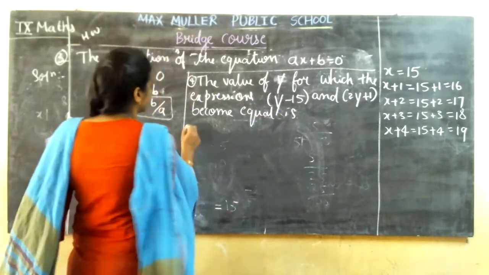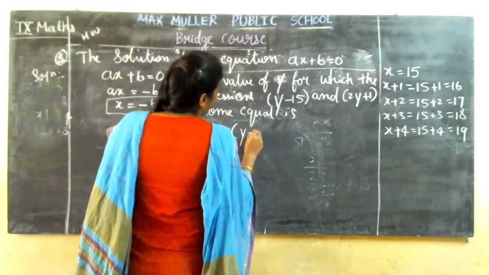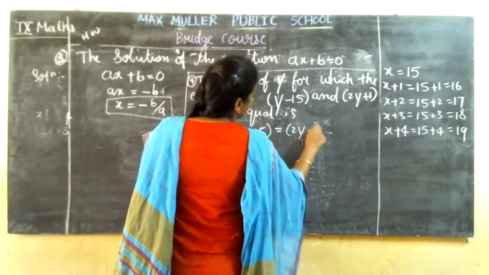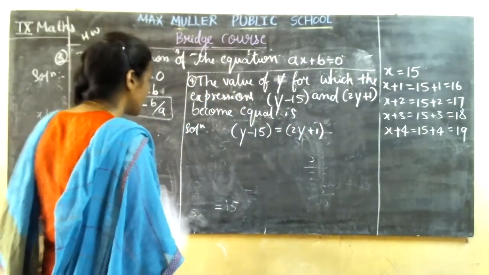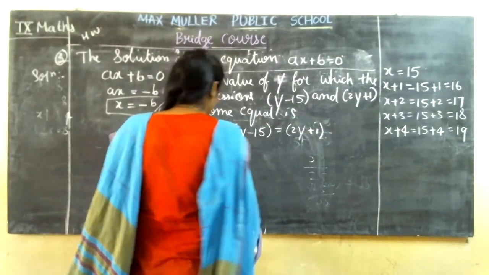They are only saying that both are equal here. So how will we write them? y minus 15 is equal to 2y plus 1. Try to solve for the value of y here.